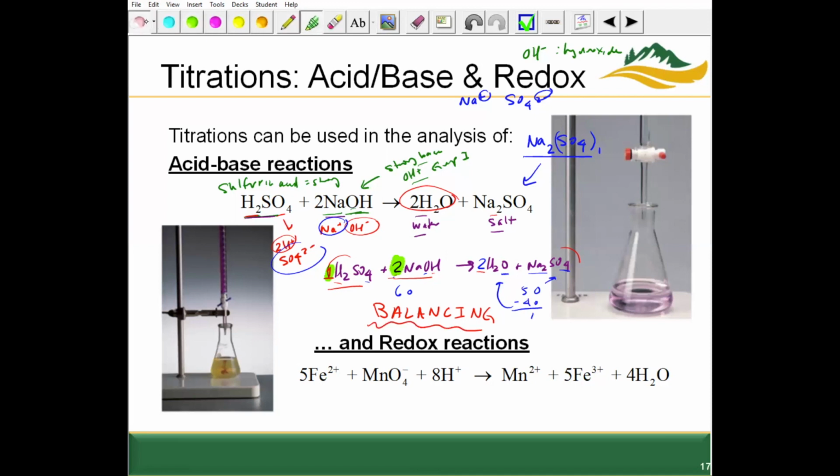All these topics are definitely building on themselves now: balancing reactions, taking strong acid and strong base, and even writing out these ionic formulas from 2 different ions. So Na plus and SO4 2 minus form this ionic compound of Na2SO4.